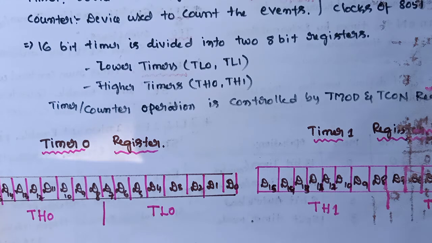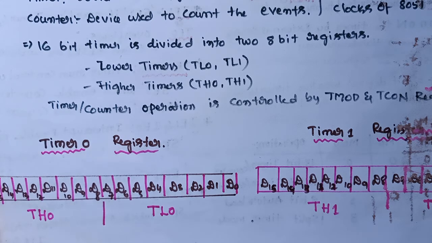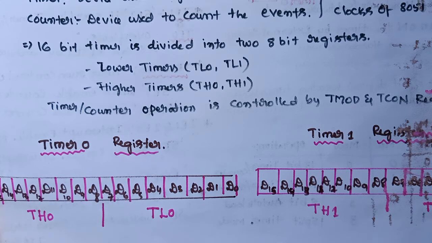We know that the 8051 microcontroller is connected with a crystal oscillator, which generates the clock signals to the 8051 through the XTAL2 and XTAL1 pins. Through that we get the clock signal.